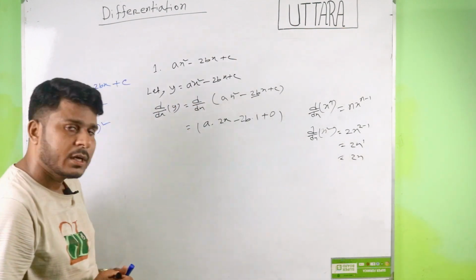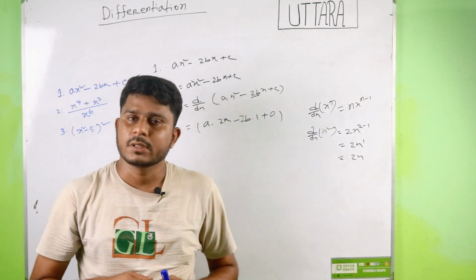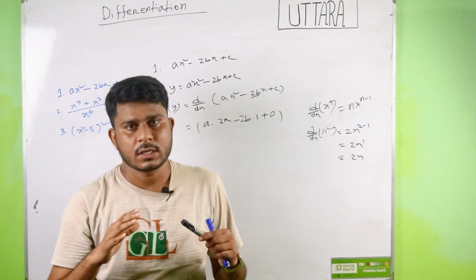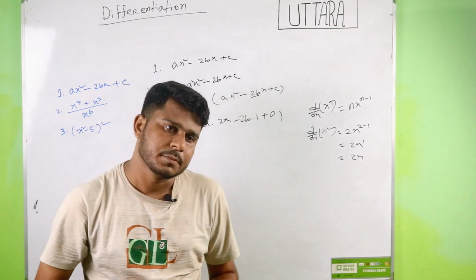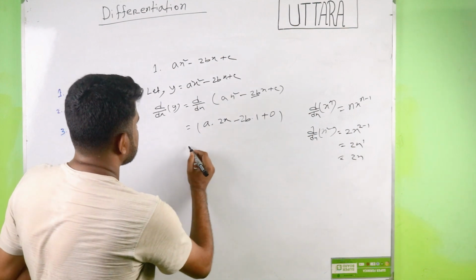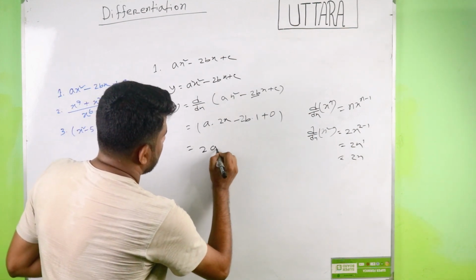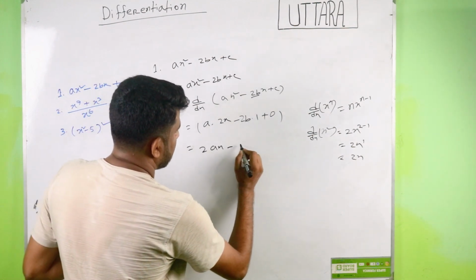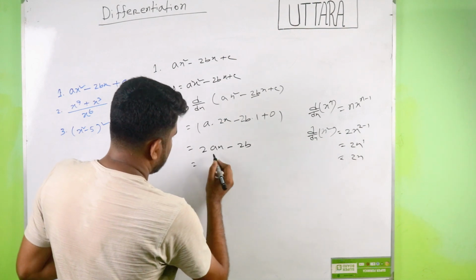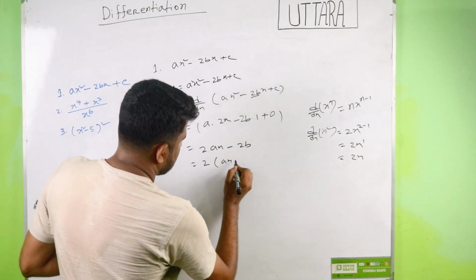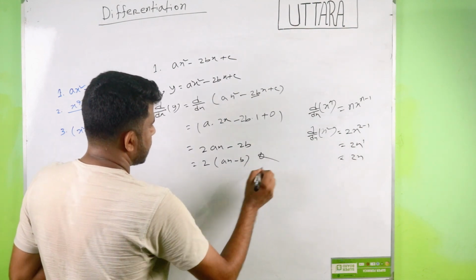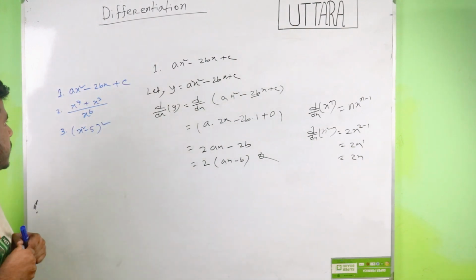But when a constant is multiplied with a variable, the constant is copied and the variable is differentiated. Okay, so 2ax minus 2b, taking 2 common, 2 times ax minus b.